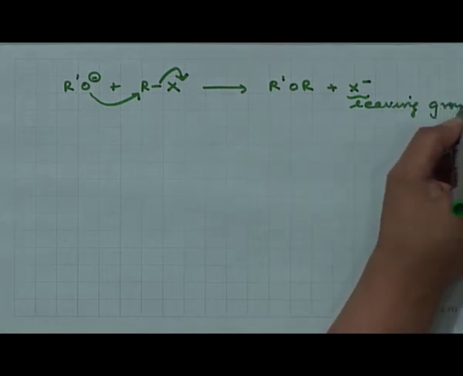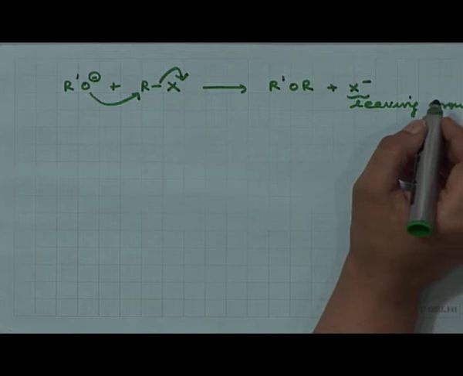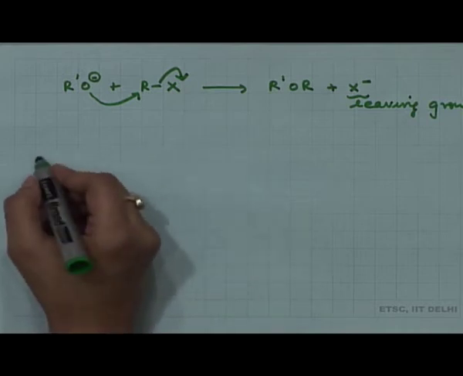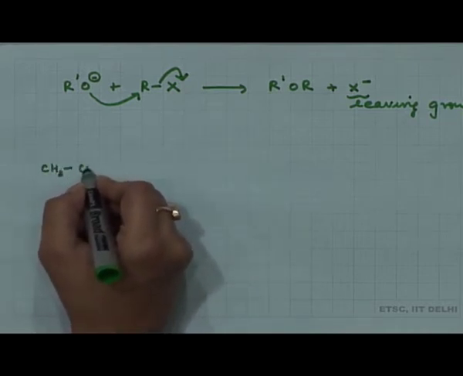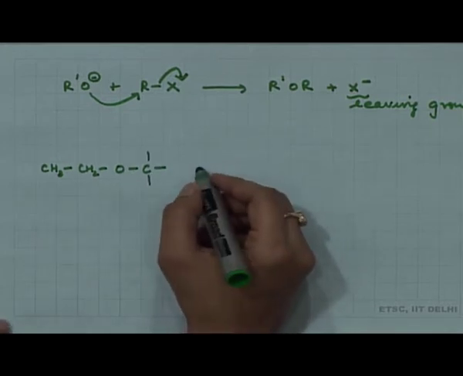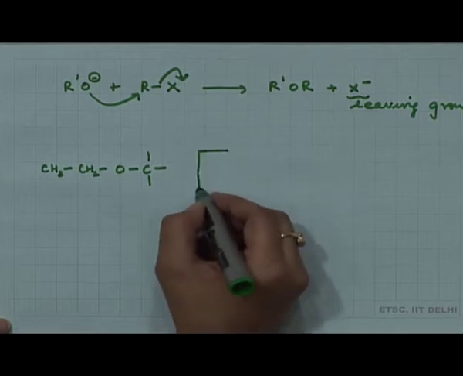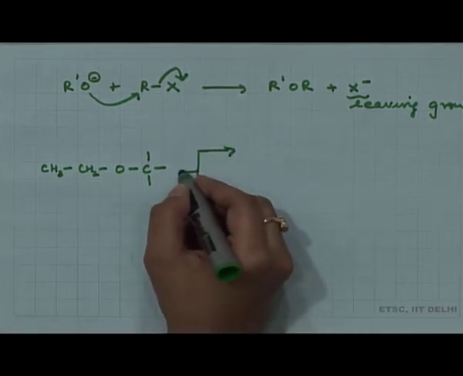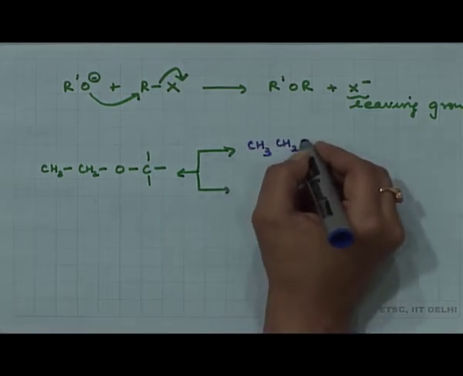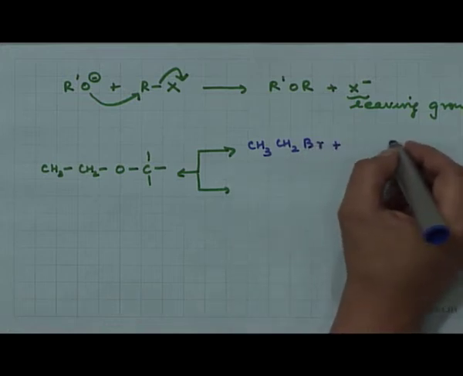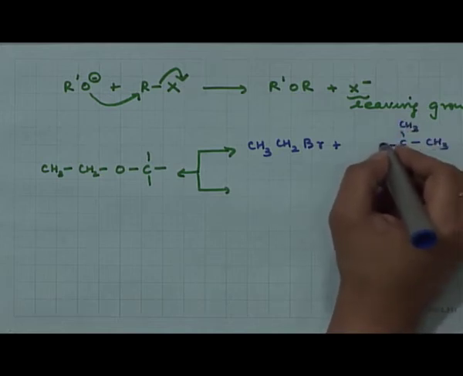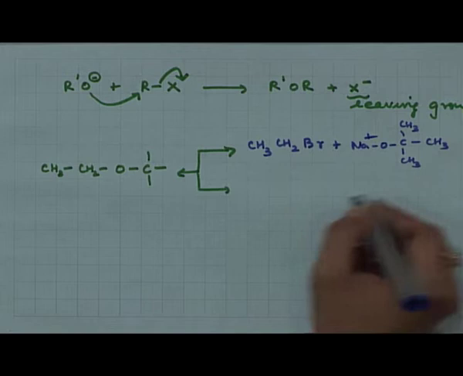So, if we want to make unsymmetrical ethers, what are our limitations? Suppose we want to make this molecule. We have two routes through which we can proceed. One could be that we start with ethyl bromide and treat it with the sodium salt of tertiary butanol.